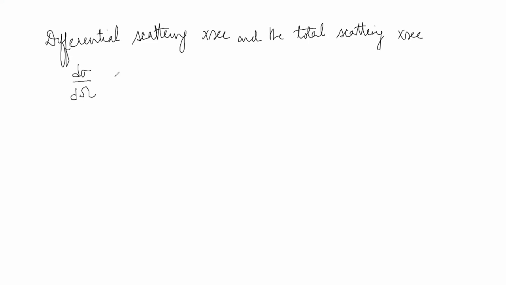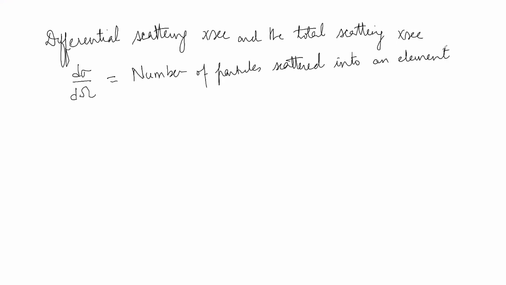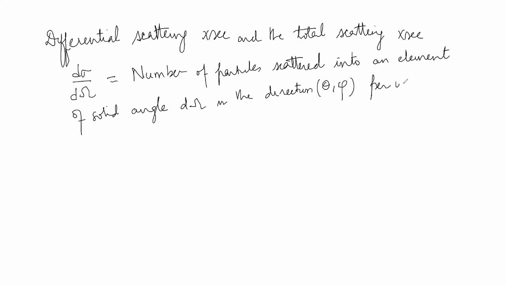What is this d sigma by d omega? This is the number of particles scattered into an element of solid angle d omega in the direction theta phi, where theta is the zenith angle and phi is the azimuthal angle, per unit time per unit incident flux.